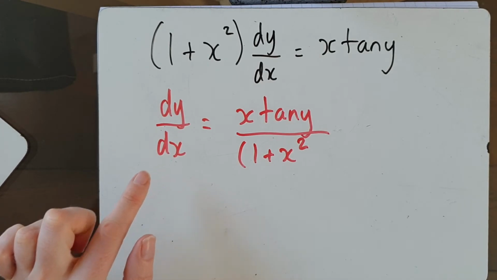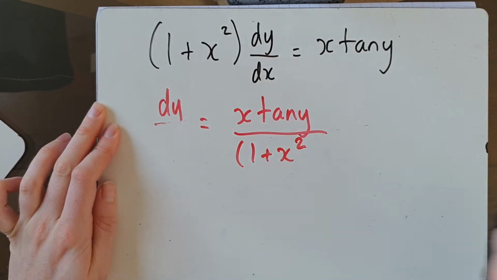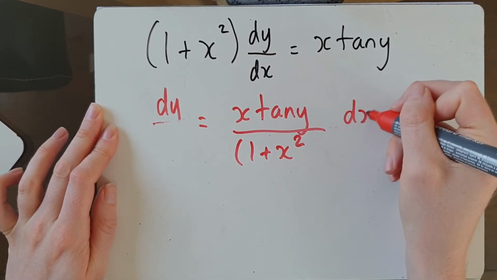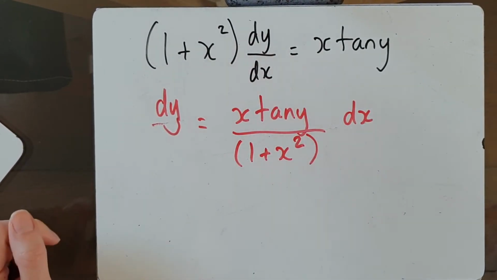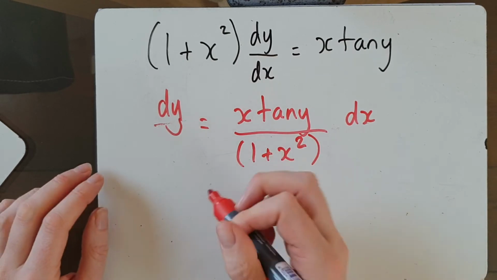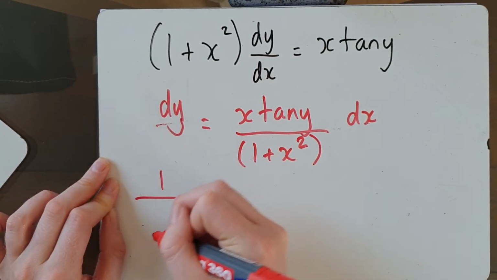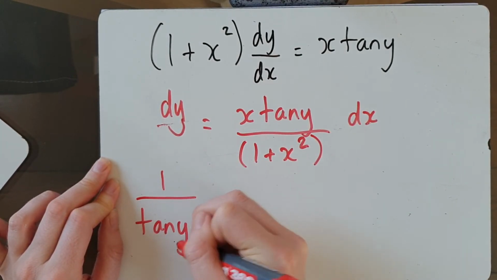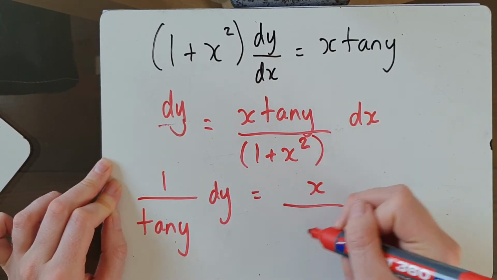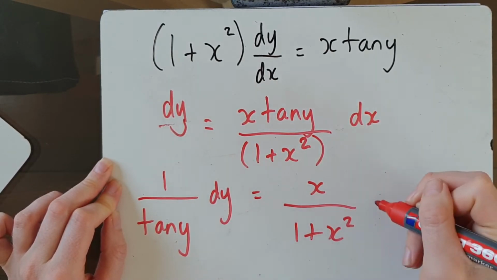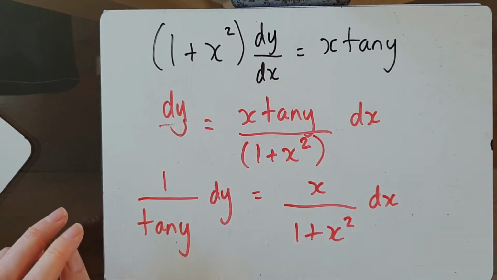I'm going to multiply through by dx, so that I've got that. And then I'm going to divide by tan y. So 1 over tan y dy equals x over 1 plus x squared dx.